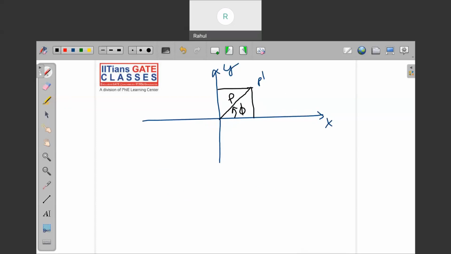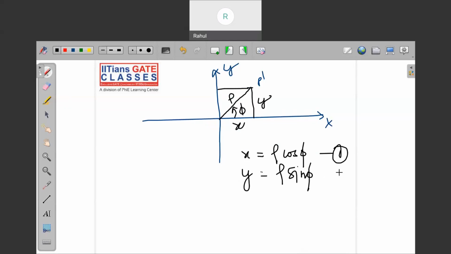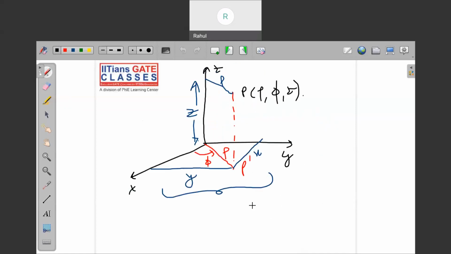This is x, this is y. So now you can directly write x: x is going to be rho cos phi. This is equation number 1, and y is going to be rho sin phi. This is equation 2. What is z? z will be equal to z only. So equation number 3: z is not changing. x, y, z are the parameters for the Cartesian coordinate system.